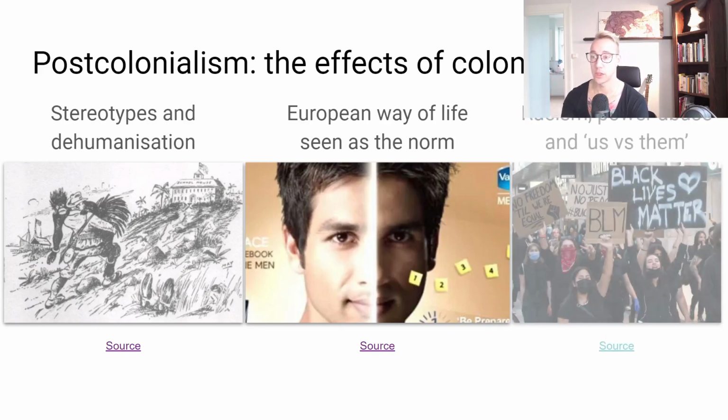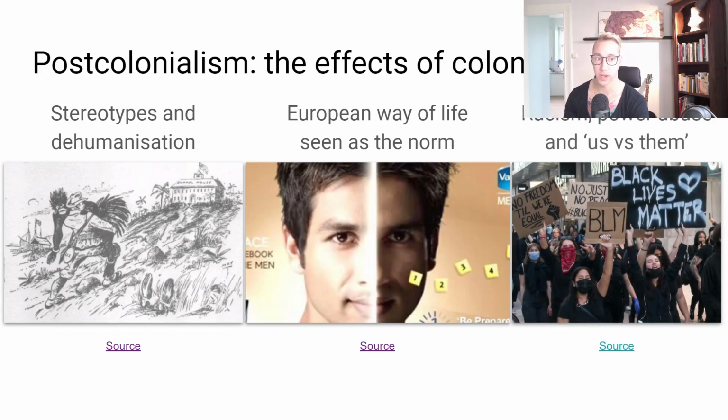And then thirdly, what happened here, behind the text, you don't see it because of my screen, it says racism, power abuse, and us versus them. So because of this idea of stereotyping, and seeing one way of life as better than the other, racism exploded.